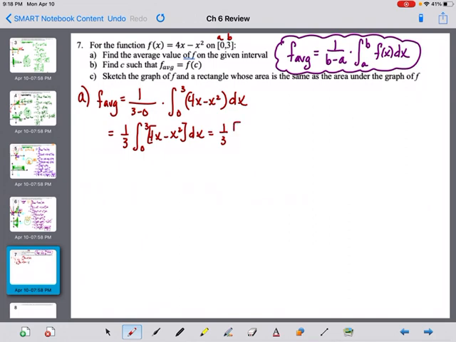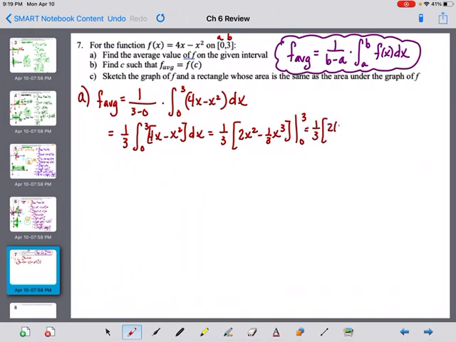So this is going to be equal to 1/3 times the antiderivative of 4x, which is going to be 2x squared. And then the antiderivative of negative x squared is going to be negative 1/3 x cubed. And we are evaluating this on the interval from 0 to 3. So then I'm going to go ahead and do my evaluation theorem.